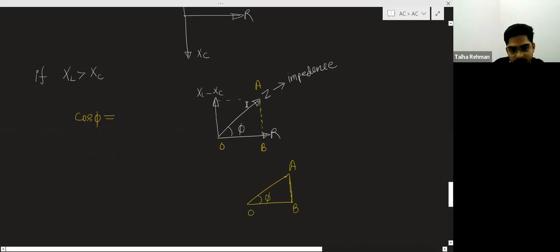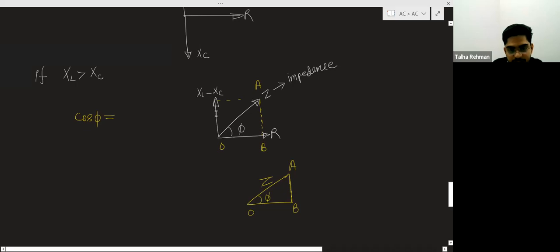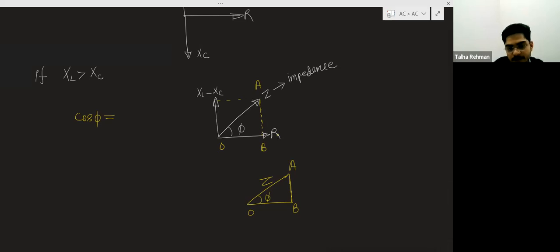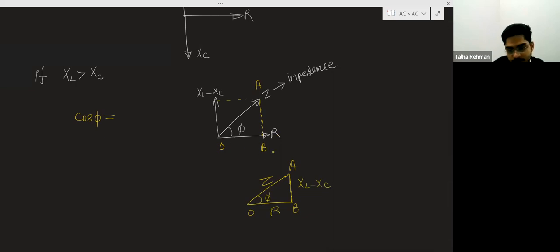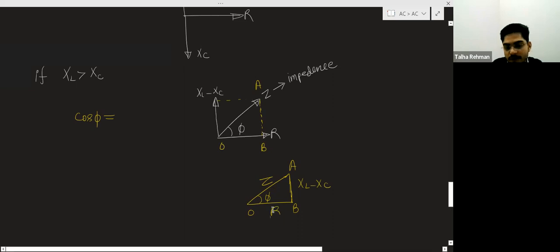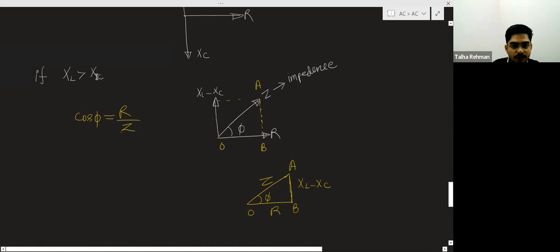This OA length is Z, and this length is XL minus XC, and this line is parallel to this line, so AB is also XL minus XC, and OB is equal to R. Now from here can we find cos phi? Cos phi is base by hypotenuse, that is R by Z. Cos phi is equal to R by Z. This is the case when XL is greater than XC.